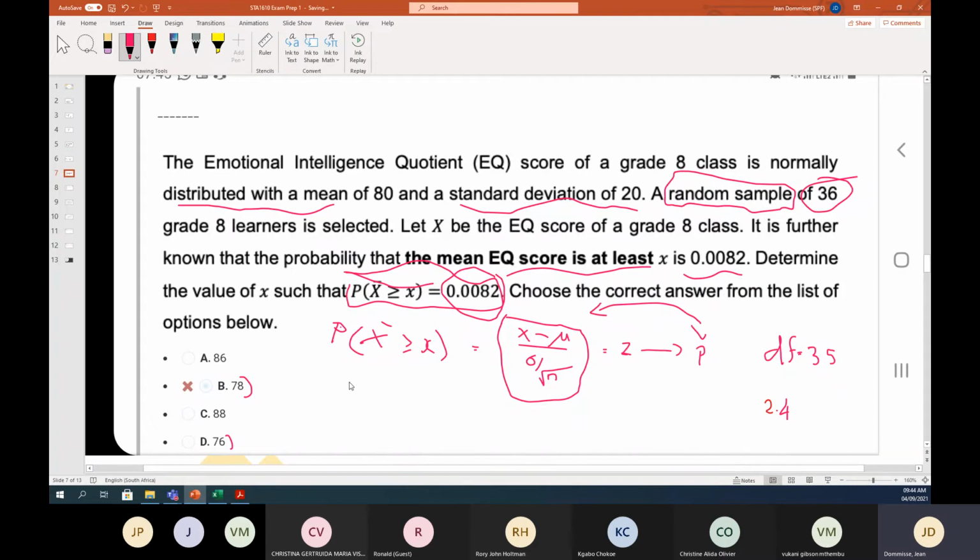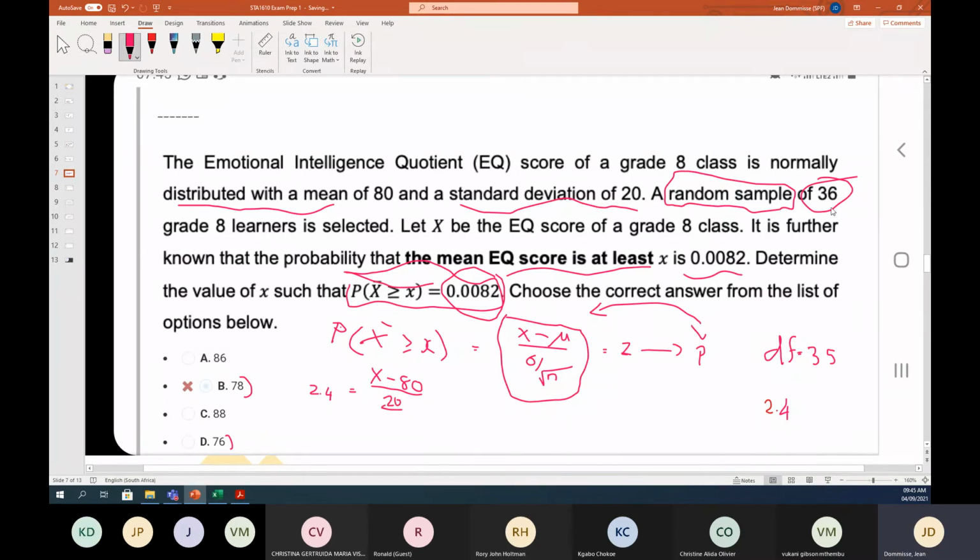So then I would have said, okay, I know what my Z is. Z is 2.4. I don't know what my X is. I know the standard deviation, the sample standard deviation. The standard deviation is 20.